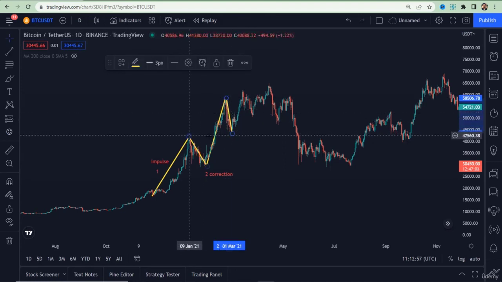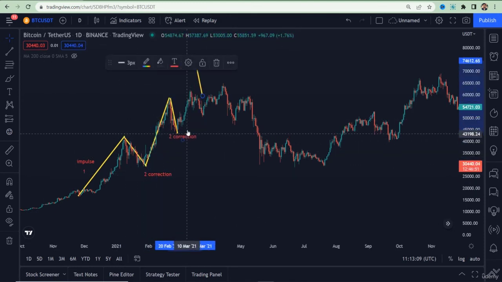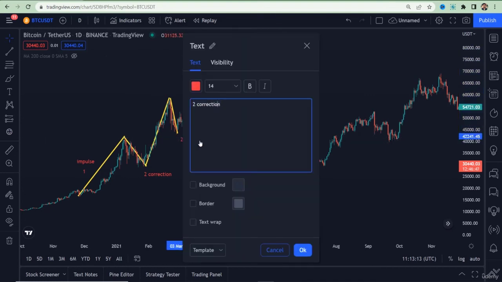And remember what I told you, this correction number 4 should not go below this point, and it did not. So that's a valid Elliott wave. Then we just copy this right here.